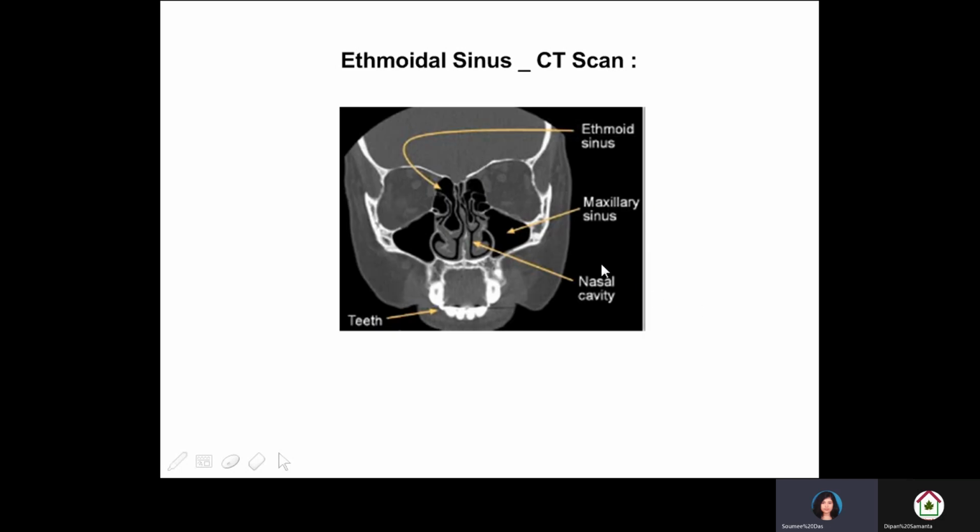Next is ethmoidal sinus. These are the ethmoidal sinuses. Ethmoidal sinus is above the sphenoidal sinus. This one is ethmoidal sinus. This is the maxillary sinus.